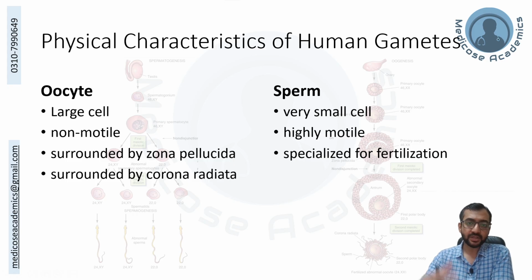The oocyte, as compared to sperm, is very large, non-motile, and has a very typical surrounding by zona pellucida, which is further surrounded by corona radiata. The sperm, as compared to the oocyte, is very small. Its head contains the nucleus covered by the acrosome, and there is a neck and tail behind that. Due to the tail, sperm are highly motile and specialized for fertilization.